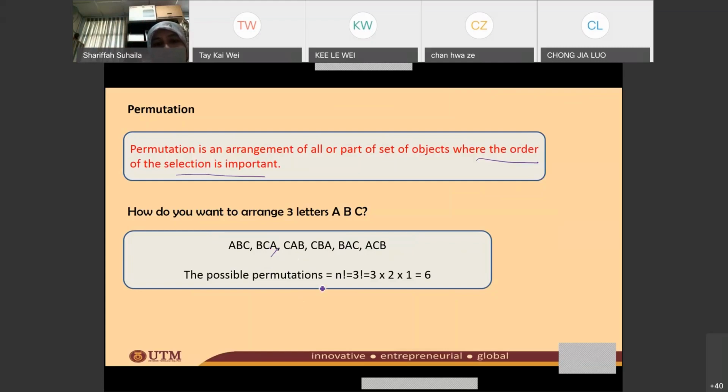The possible permutation is just n factorial, or you can have 3P3. Again you have 3 letters, so 3 factorial, 3 times 2 times 1, which is 6 possible ways.